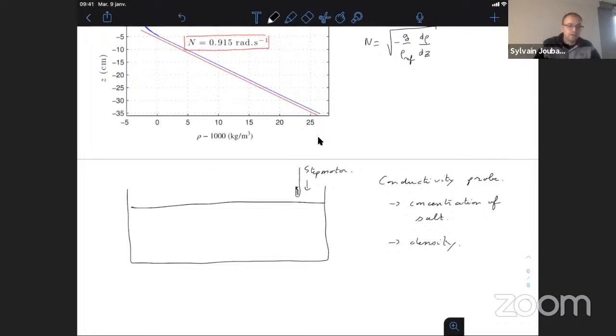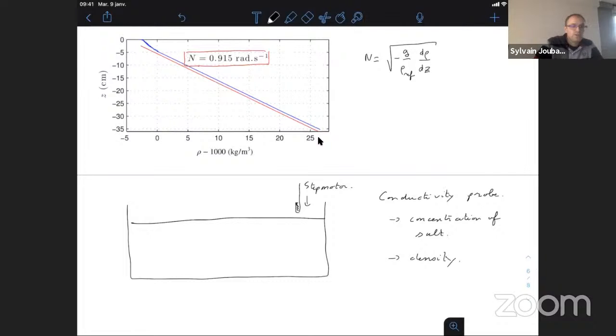You measure the concentration of salt from this conductivity probe, and with the calibration, you obtain the density. This is how you have this experimentally.